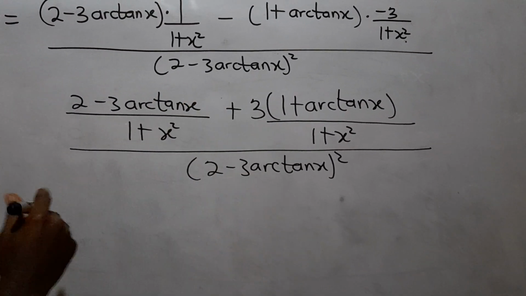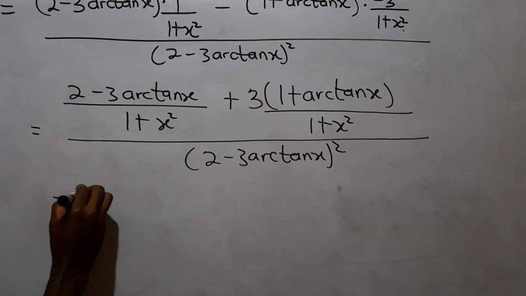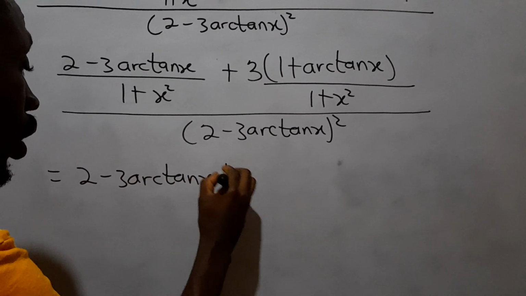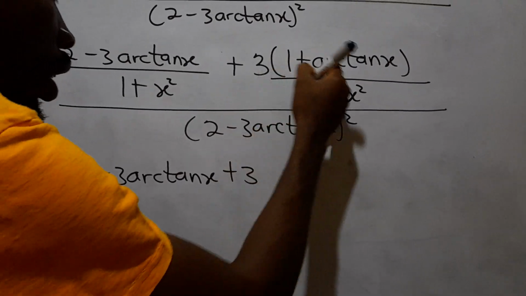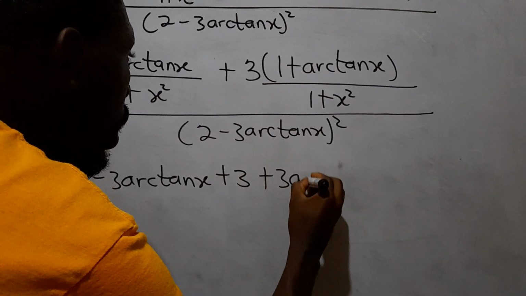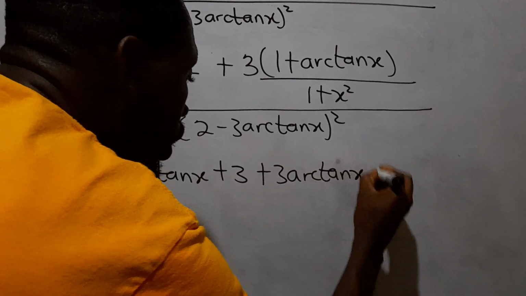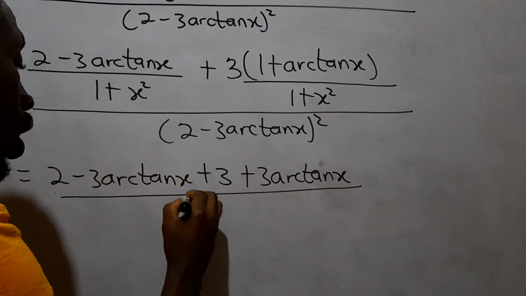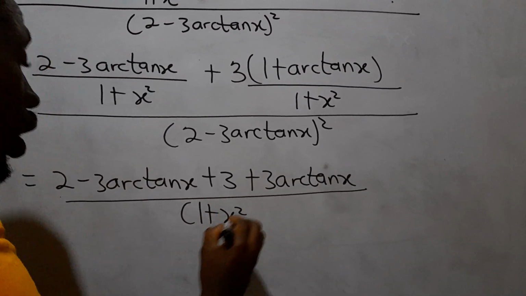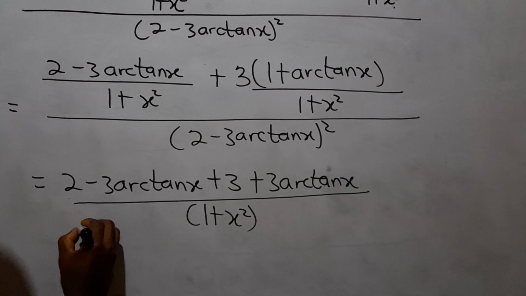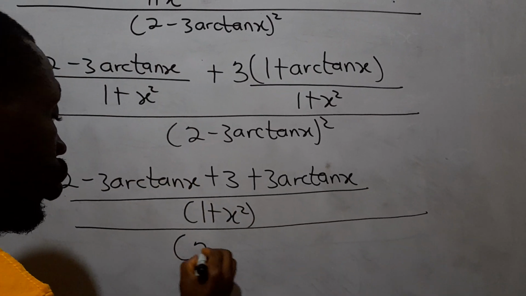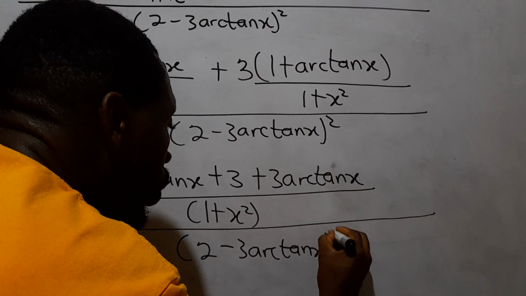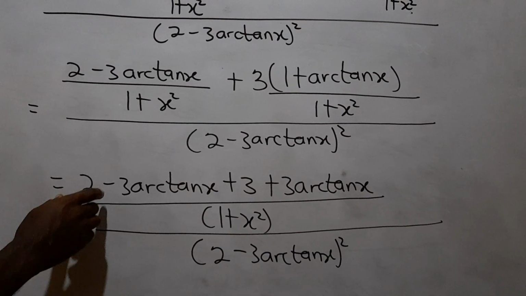So we can expand this bracket. We'll get 2 minus 3 arctan x, plus this multiplied by 3, then this times this will be plus 3 arctan x. Because they have the same denominator, we can say all over 1 plus x squared, then over 2 minus 3 arctan x all squared. So simplify the top.